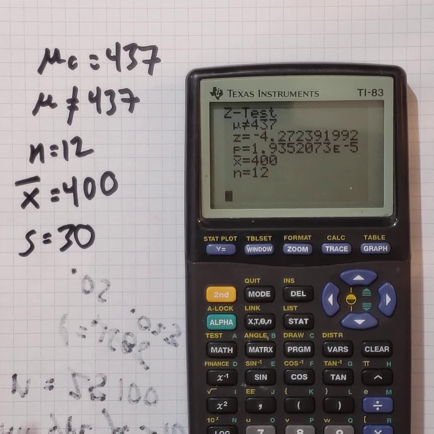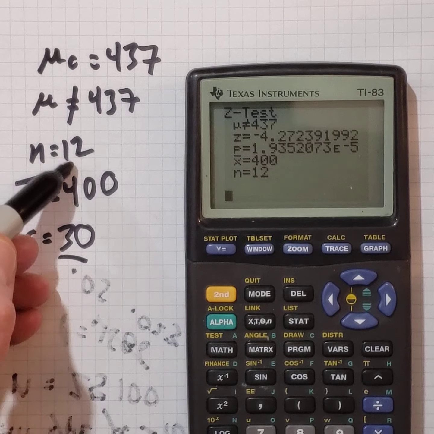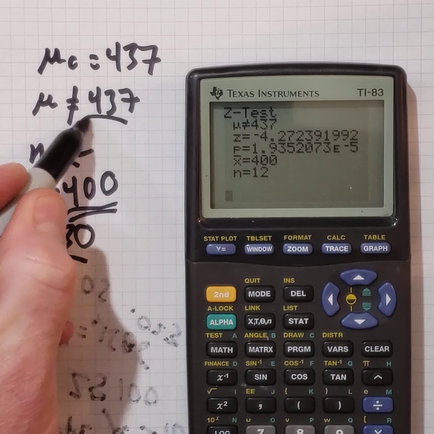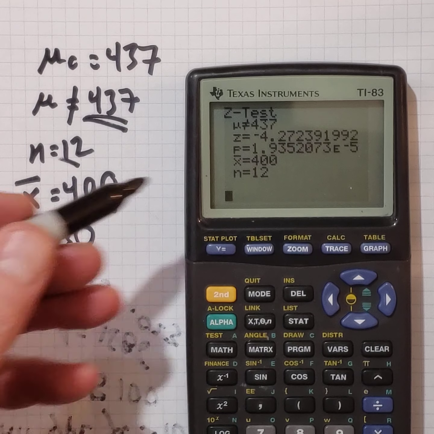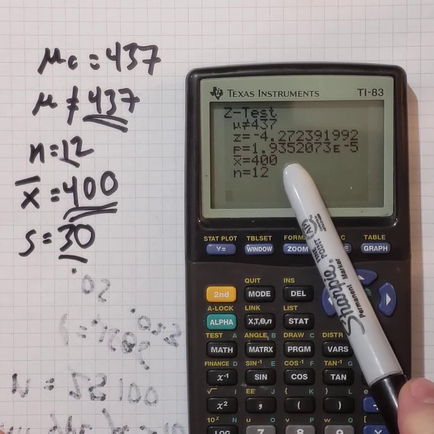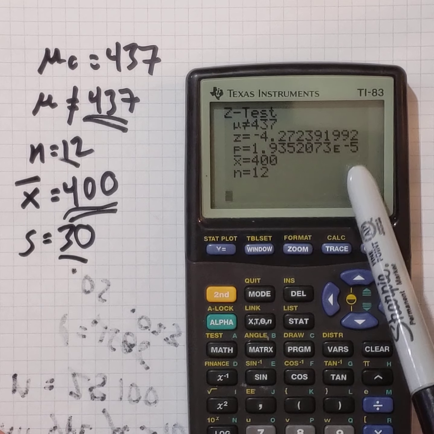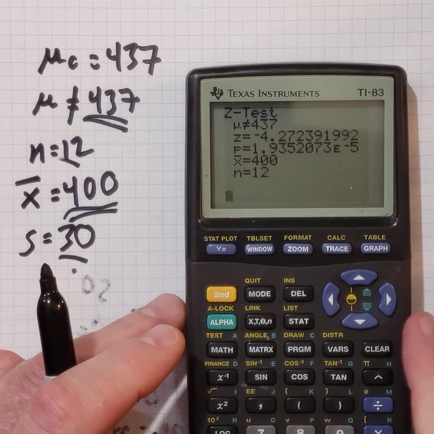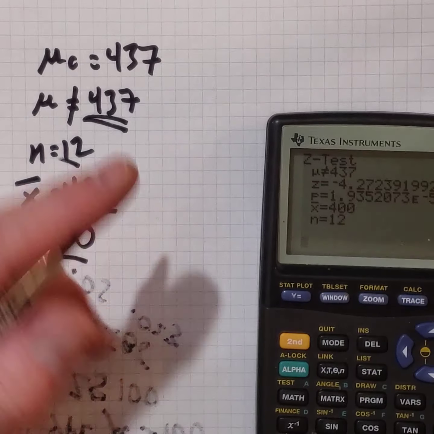And even though our standard deviation was fairly big and our sample was very small, we were really, really far away from the average number there. So this is very convincing. I think we've run into this in class: 1.93 e minus 5. That's scientific notation. That's 1.93 times 10 to the negative fifth power.